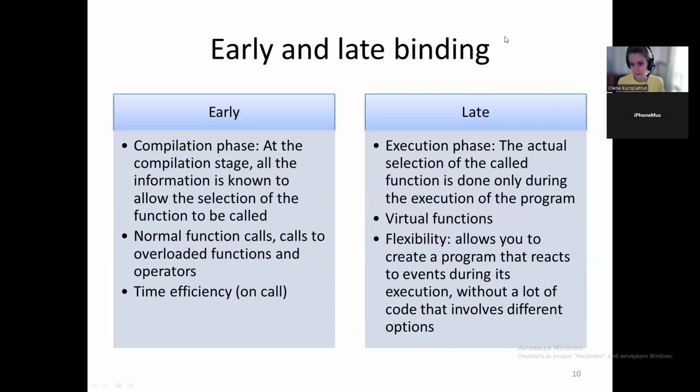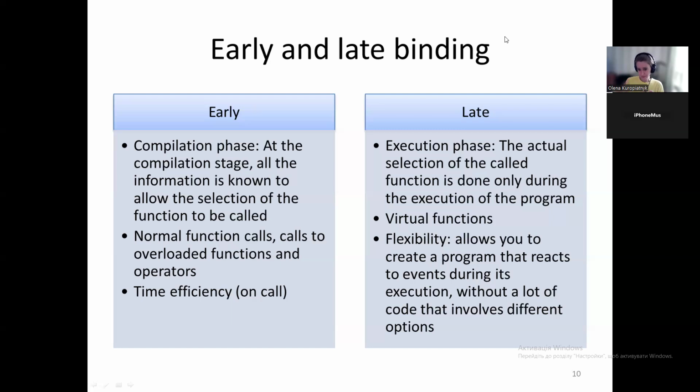In the case of late binding, we can select the needed function in the execution phase of the program. It will be later than in early binding, but in this case, the actual selection of the function code is done only during the execution of the program.